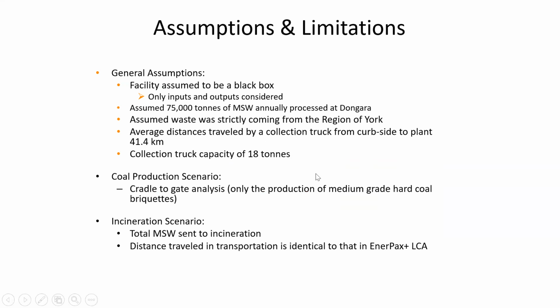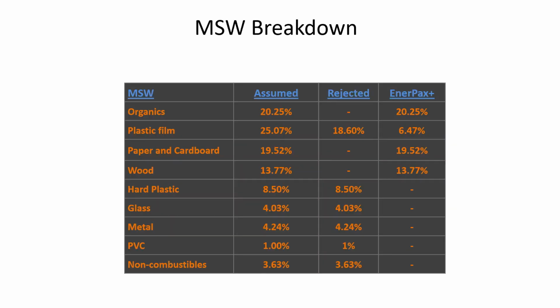Average distance and collection truck capacity were taken. For coal production, a cradle to gate analysis of medium-grade hard coal briquettes was used, and the total MSW sent to incineration and the distance traveled in coal transportation are identical to those in the NRPAX Plus LCA. That's what we took in terms of the incineration scenario, same stuff.